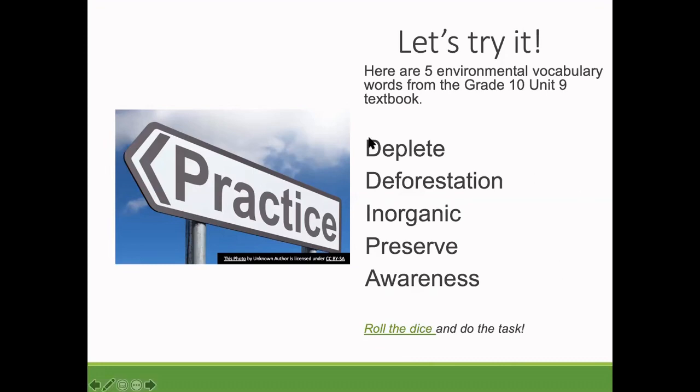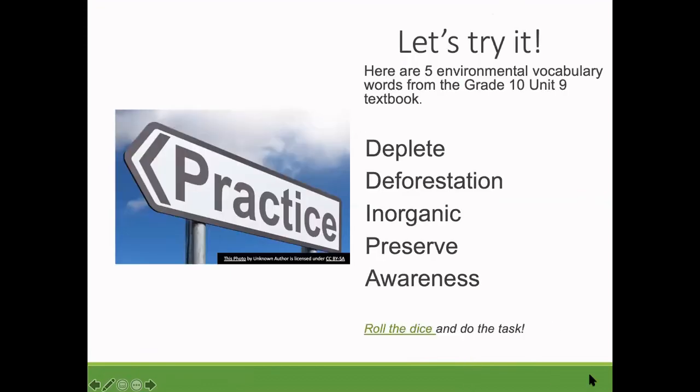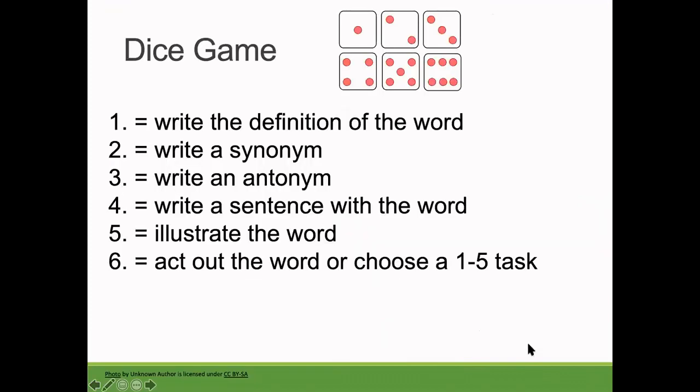Let's go back. The word is deplete. Everybody deplete. Can you, in the chat box, write an antonym for deplete? Protect. So we got a number 3, and a 3 means write an antonym.